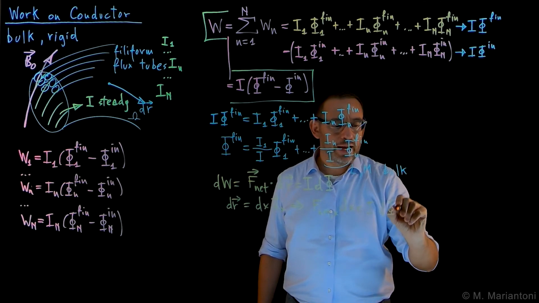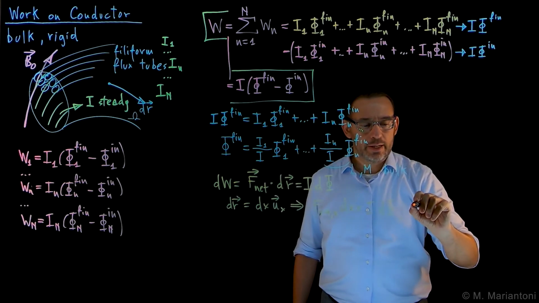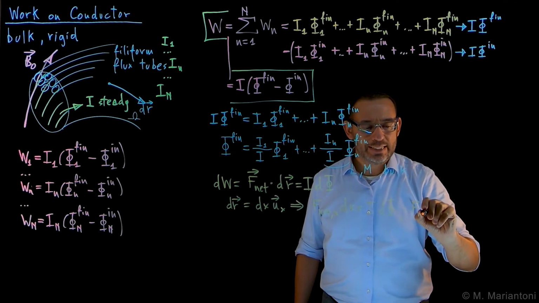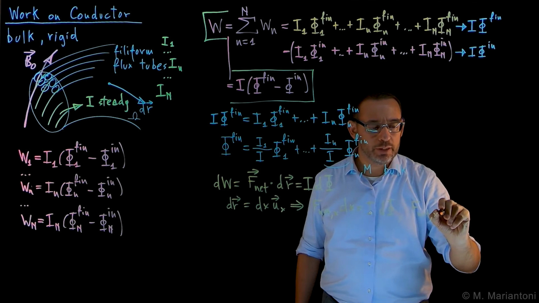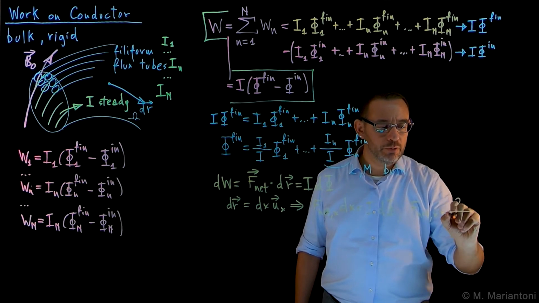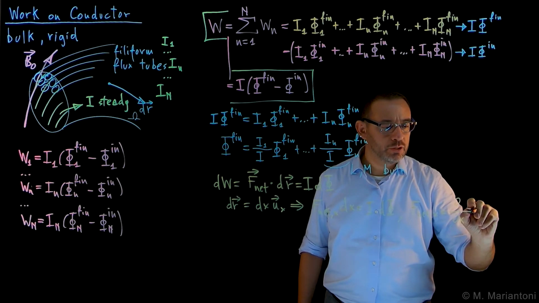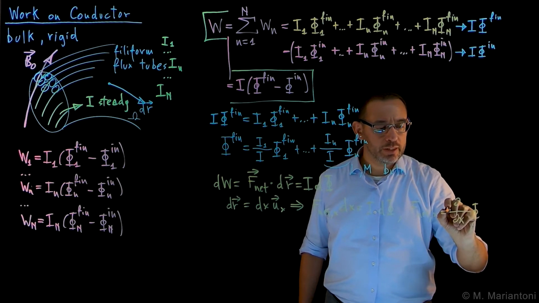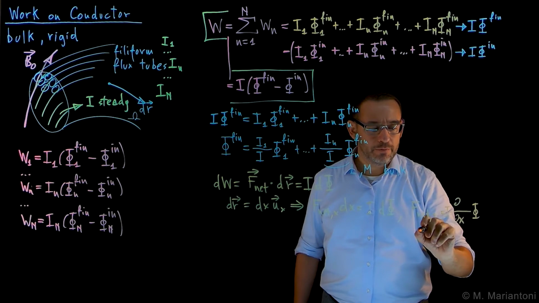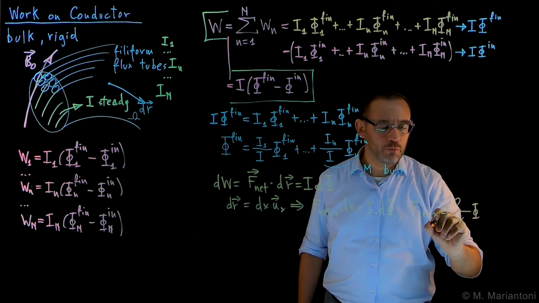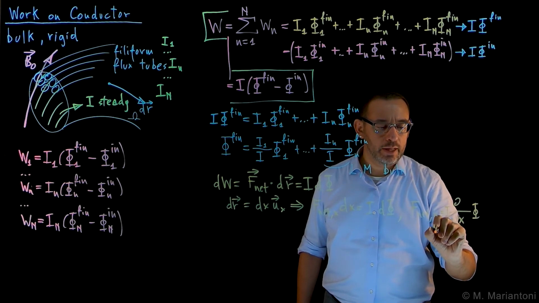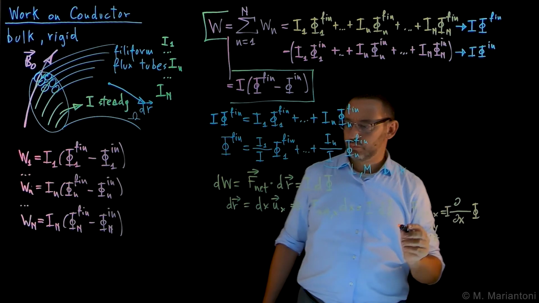And so to generalize, we could write in a Cartesian coordinate system all these net forces: the x component is going to be the partial derivative with respect to x of the flux times the current I, and similarly for y and z, which I'm not going to do.